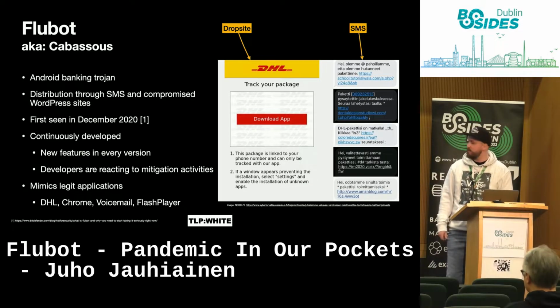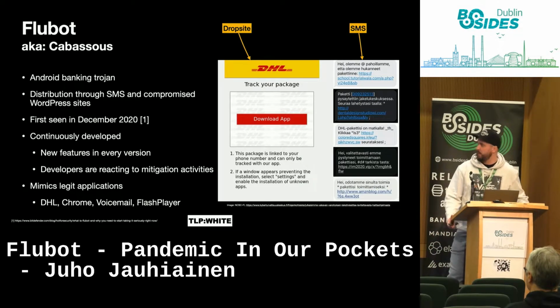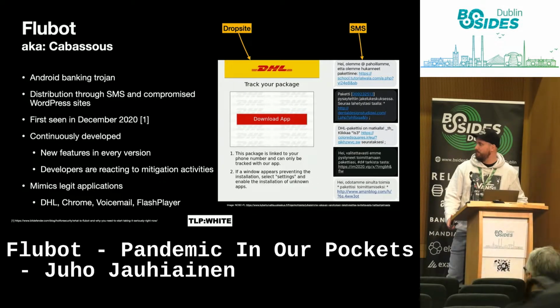But here's a screenshot from the drop site and also an SMS we saw in Finland, and as you can see, they usually have a lot of typos and so on. So we thought that no one would click this. Well, we were wrong, because when the situation was at its worst, there were millions of SMS messages going around Finland per day.